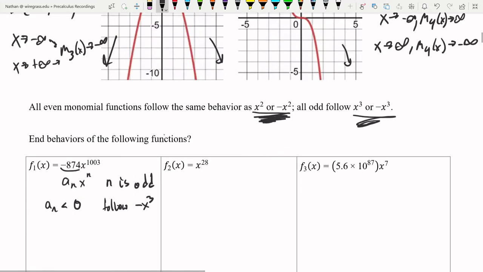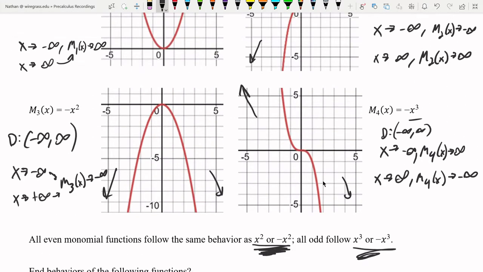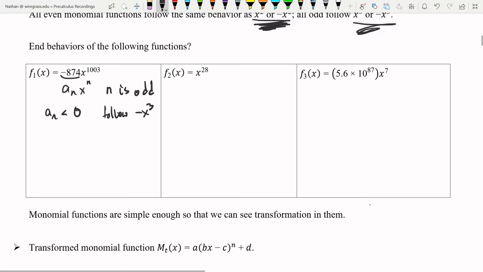What does negative x cubed do? Well, that was right here. It's going to go up to the left, down to the right. We know, of course, the domain is everything in this function.